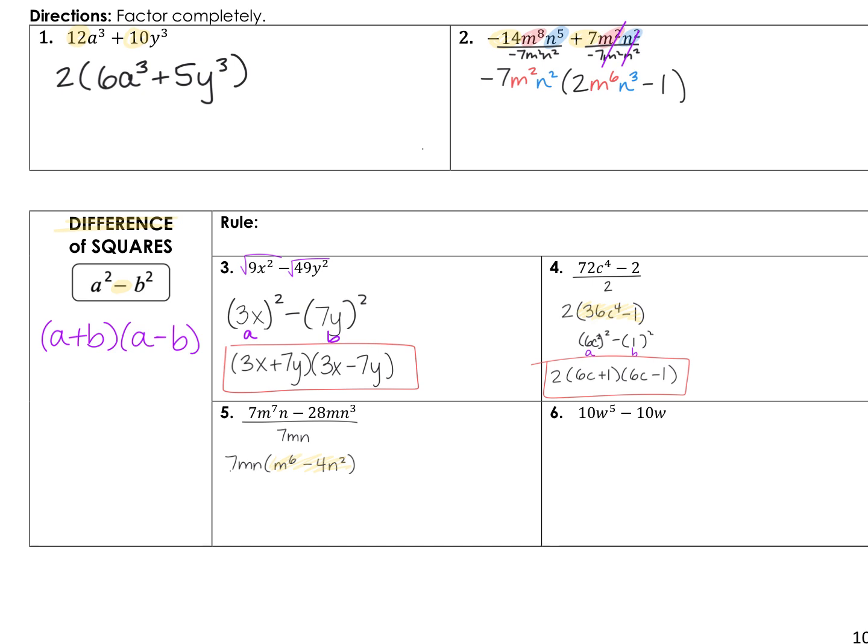So now you figure out what's a squared and what's b squared. What squared is m to the 6th? That would be m to the 3rd. So we're cutting it in half. m to the 3rd times m to the 3rd, we get m to the 6th. Square root of 4 is 2. And that one's pretty obvious, it's just 2n. You got your a, you got your b. So it's m to the 3rd plus 2n, and then m to the 3rd minus 2n with the GCF out in front. Don't forget him.